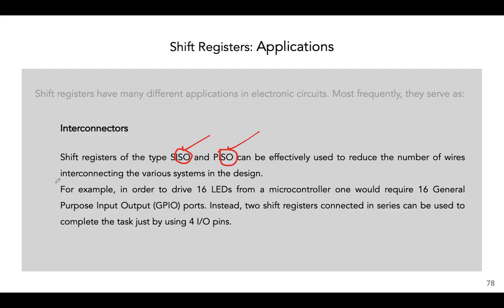For example, again, not going into too much detail of these components, if you had an electronic circuit where you were working with, suppose, LEDs, then in order to drive 16 LEDs from a microcontroller, you would require 16 general input output ports. But instead, if you used two shift registers connected in serial, this entire task of driving 16 LEDs could be done using 4 input output pins.